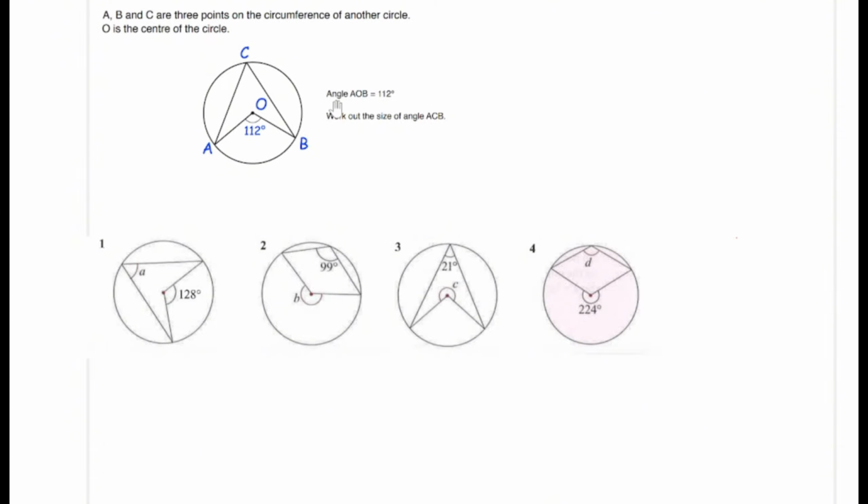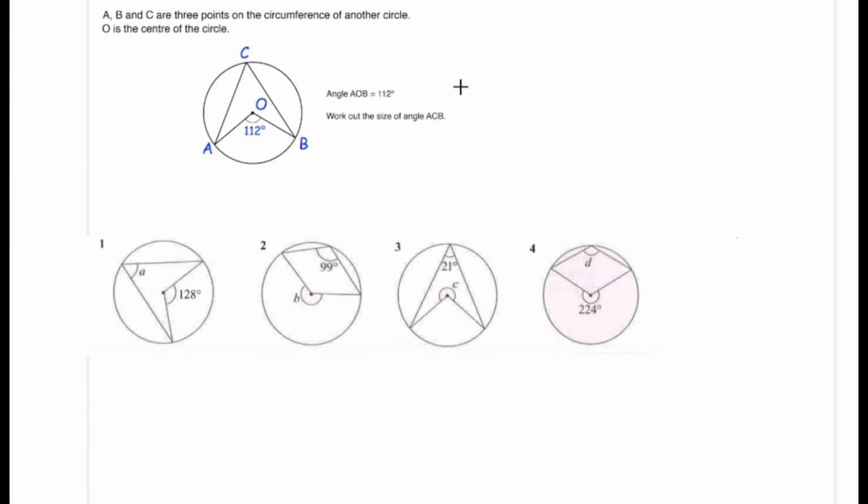The question says angle AOB, which is the angle at center O, equals 112 degrees. Work out the size of angle ACB. So where is angle ACB? The one at C. This is the angle at the center, and this is the angle at the circumference. Remember the rule: the angle at the center is twice the angle at the circumference. So that means this 112 is 2 times C.